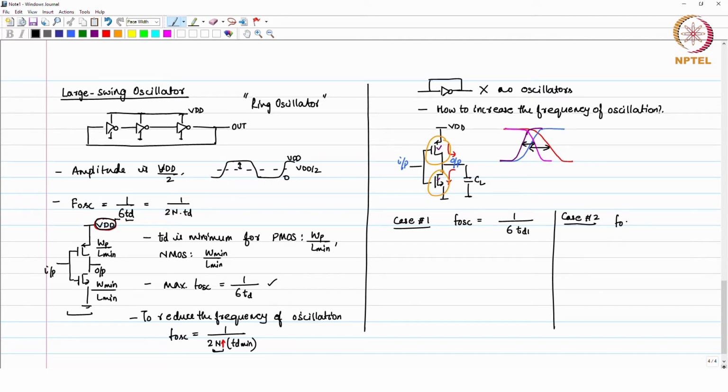Here my frequency of oscillation is same, but I am trying to realize it with 5 inverters in the chain. If oscillation frequency is same, then in this case it is going to be like this, and in the other case it is going to be like this.